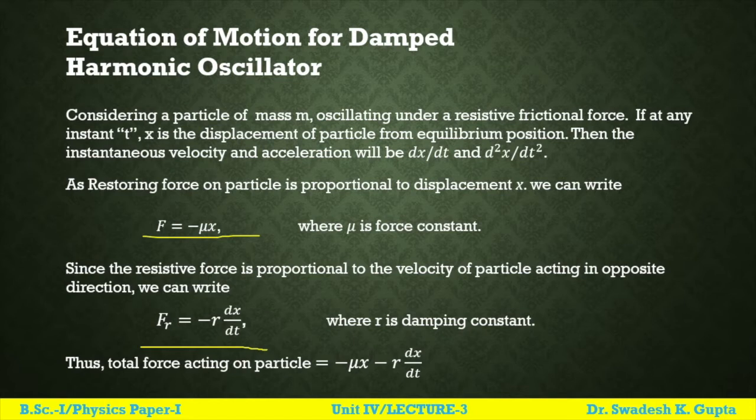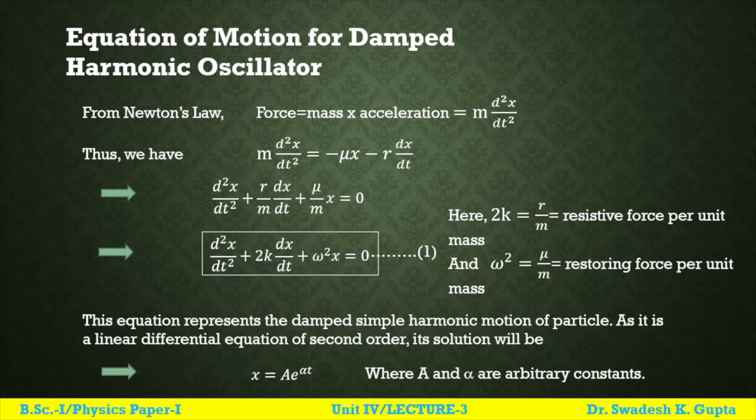So now there are two forces working on the particle, and the sum of the two forces will be given as here. From Newton's law we already know that force is equal to mass into acceleration. So we can write the equation like this, and if we solve, then finally we will get this equation.